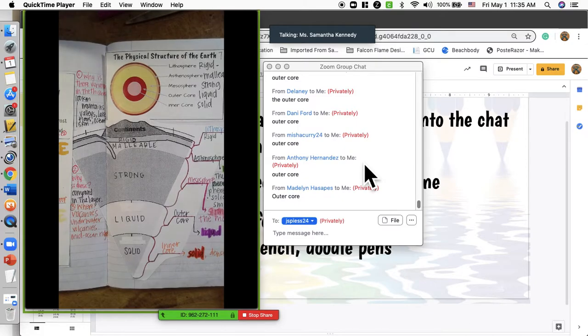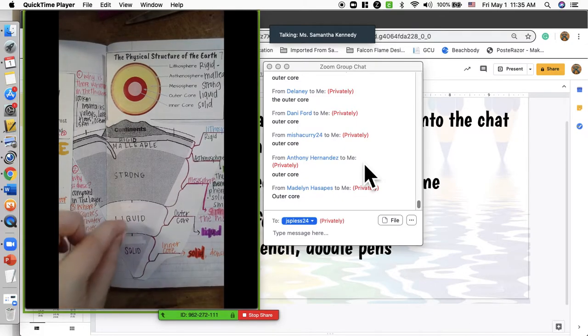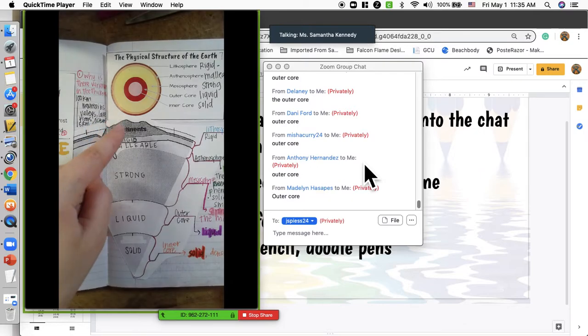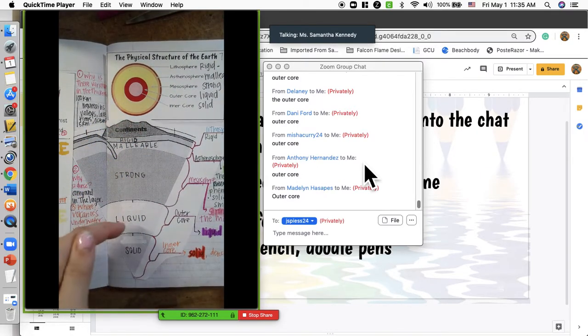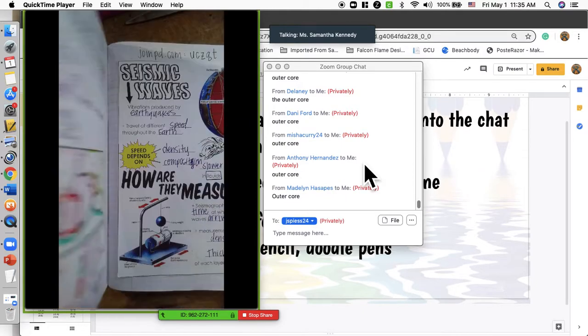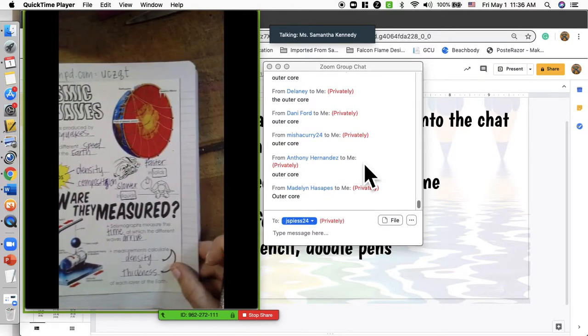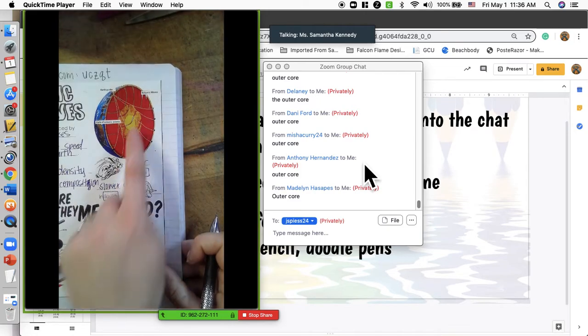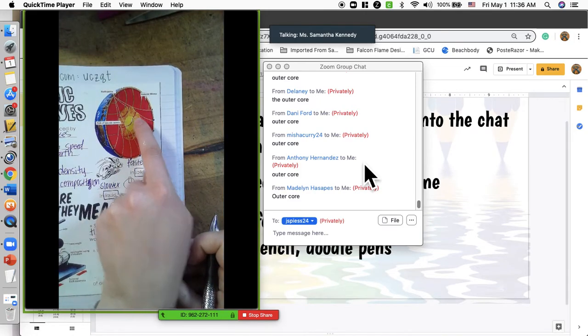So it is still a little bit more of a solid, but the completely liquid. So we now realize that an S wave does not have the ability to travel through the outer core, which is why when we look at this picture in our notebook, when it hits that outer core, they bounce off.